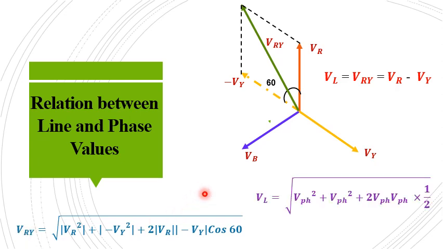So we can write VL equal to root of Vph square plus Vph square plus 2 Vph square into cos 60, which is 1 by 2. Simplifying, we get VL equal to root 3 times the phase voltage. That is, in a star connection, line voltage is root 3 times the phase voltage.